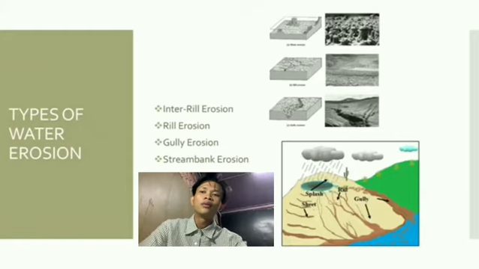I will explain about types of water erosion. Firstly is interrill erosion. Interrill erosion is also known as raindrop erosion. It is the movement of soil by rainfall and its resulting surface flow. It is primarily caused by rainfall, but other factors such as climate, elevation, topography, and vegetative cover also contribute to this type of erosion.